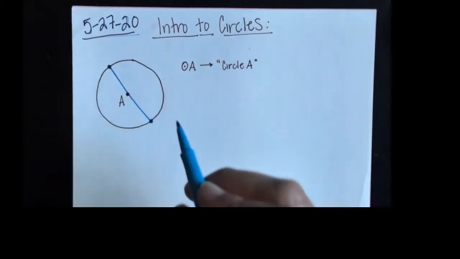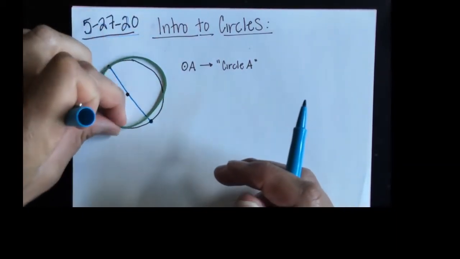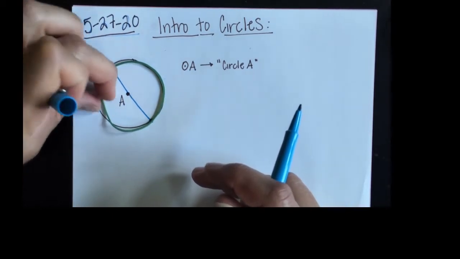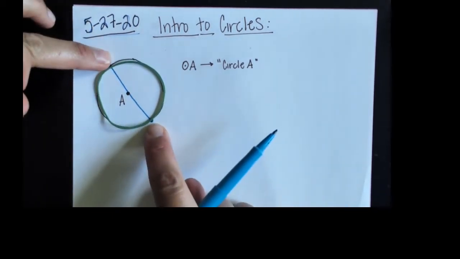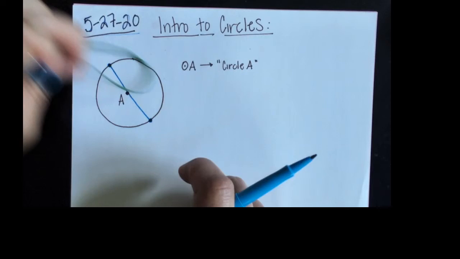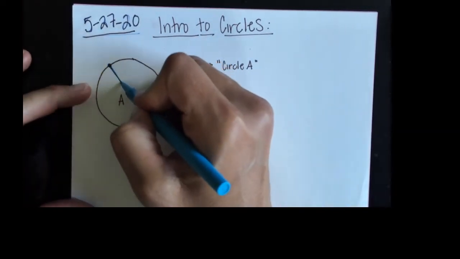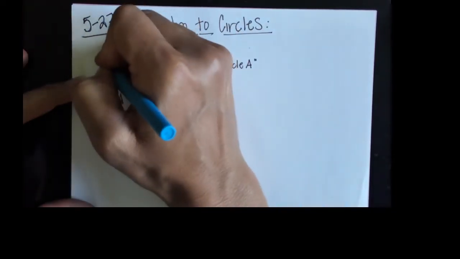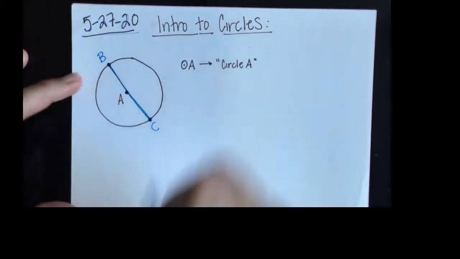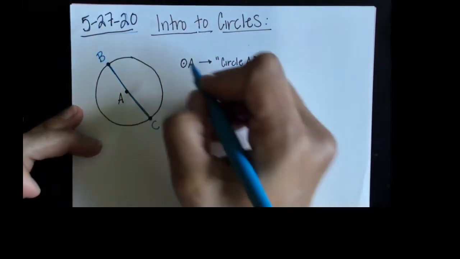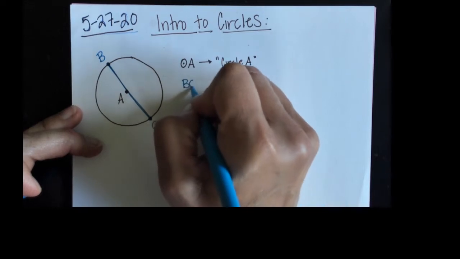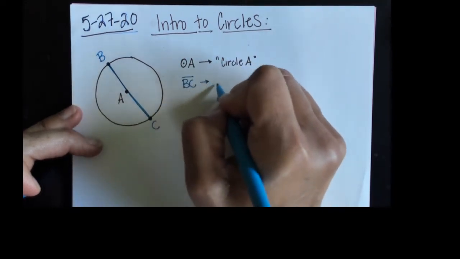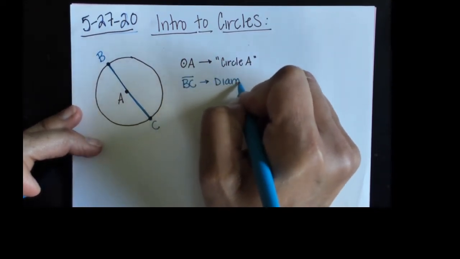So notice again, kind of like our rubber band, those end points, oh look at that, that's almost exact. The end points fall on the circle, and this segment reaches across. And so what we end up with is our segment BC is considered a diameter. So BC is a diameter.